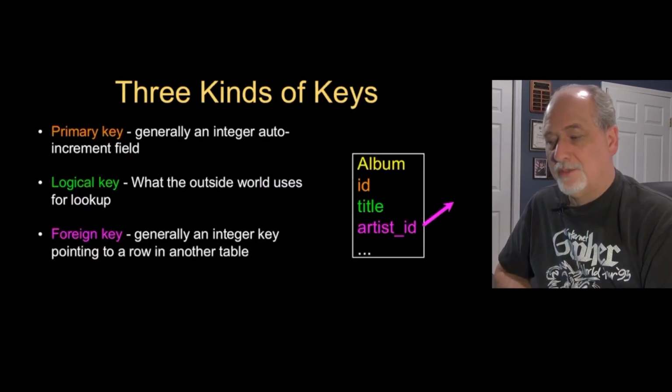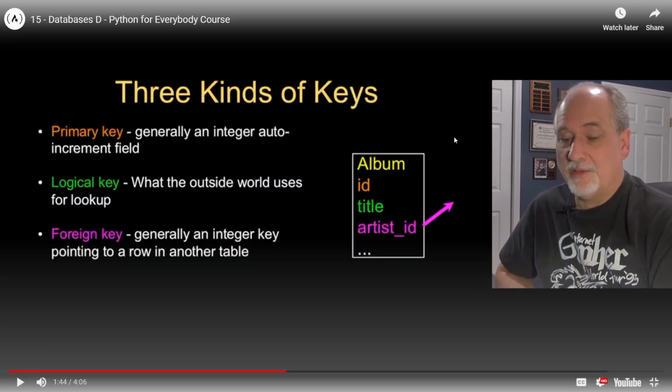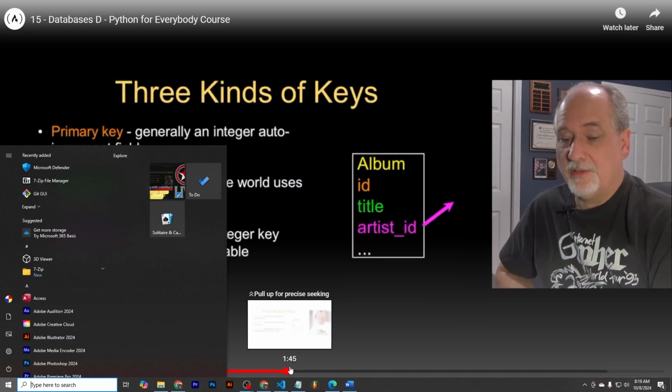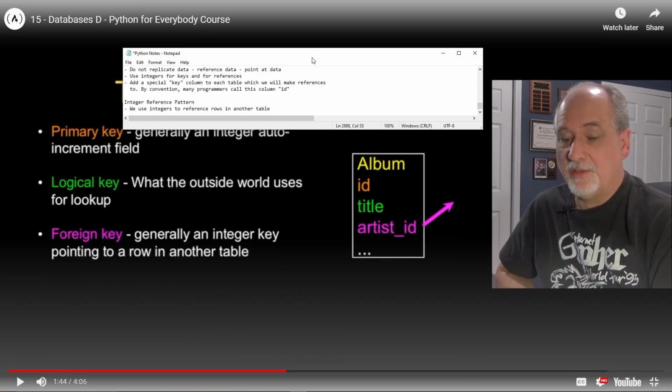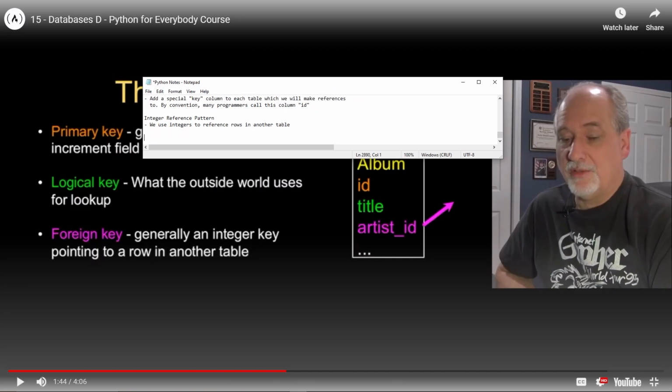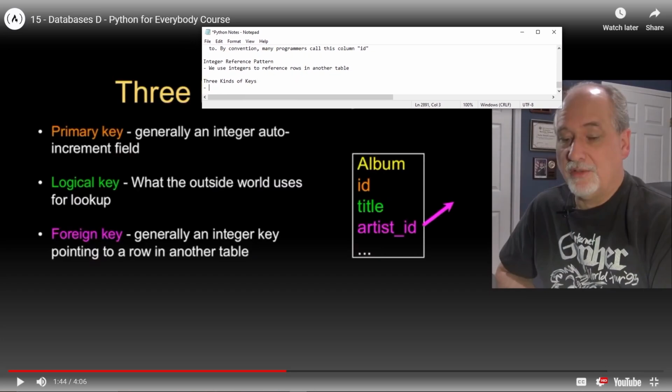Okay. And so there are 3 basic kinds of keys. All right. Here we go. Let's write this down. What are 3 kinds of keys? All right, we've got a primary key. Primary key, generally an integer auto increment field.